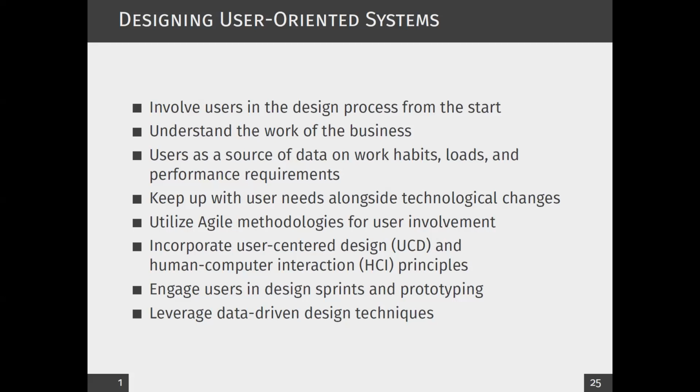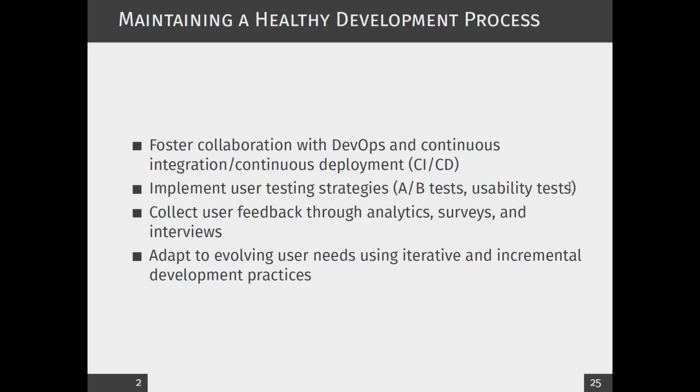If it is an agile process, in agile there are various phases. You need to engage users in design in sprints, as well as prototyping, which means developing software components. And then you can leverage data-driven design techniques. To maintain a healthy development process, you have to foster collaboration with DevOps and continuous integration, continuous deployment.